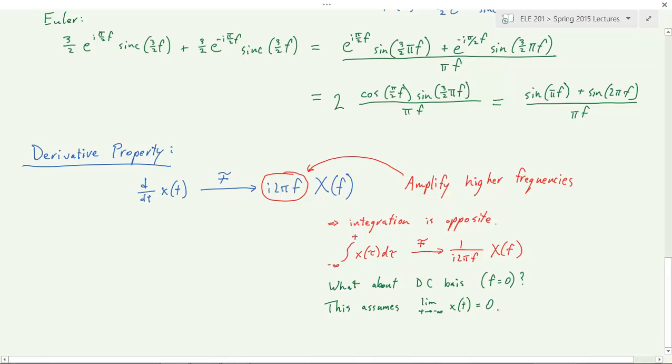But if there's some constant term in x, then a constant term, as we'll see today, amounts to sort of a delta function at f equals 0 in frequency, and that's not going to be handled well. Another way to think about that is when you take a derivative, you lose the constant term. You can't get it back by integrating, right? And so notice that the f equals 0 part of the spectrum is gone, and the inverse is not going to get that back.